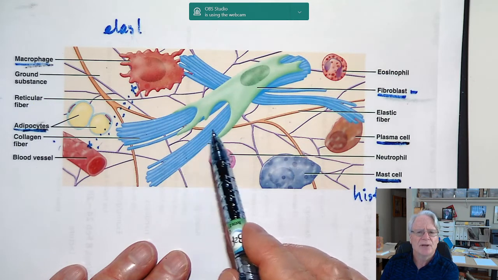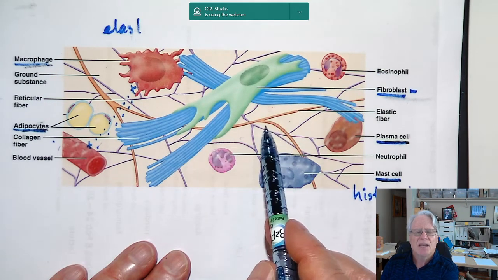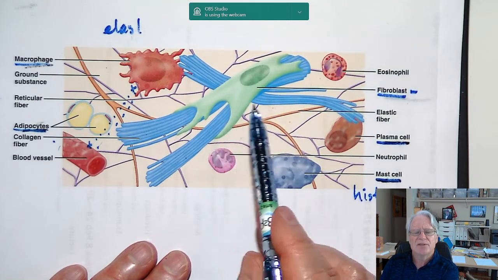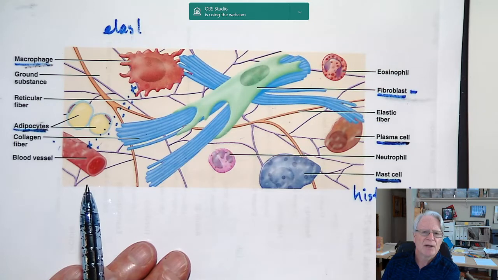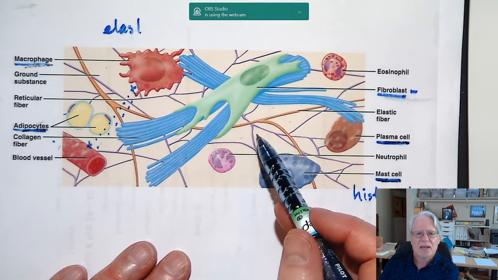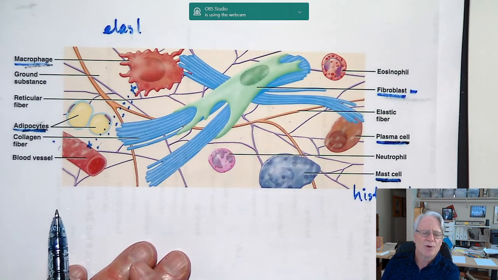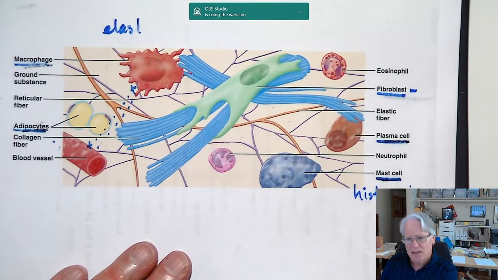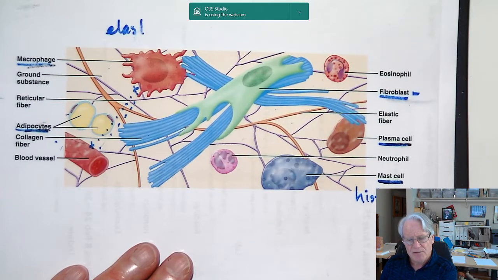So we have three different types of fibers, and then those fibers are enmeshed in the ground substance. And we'll talk about how or why that kind of construction is found in connective tissue. What does the combination of ground substance and fibers provide for connective tissue? Right now, we just want to make sure that we can identify some major types of connective tissue.